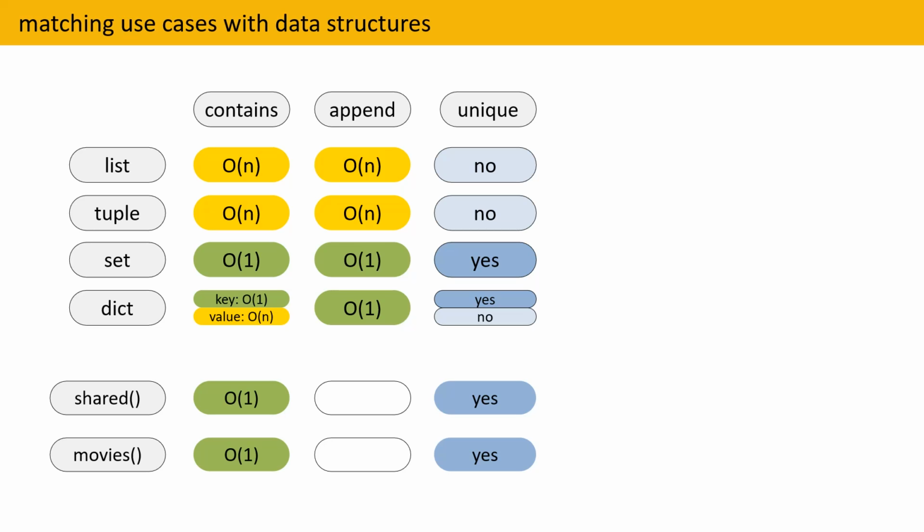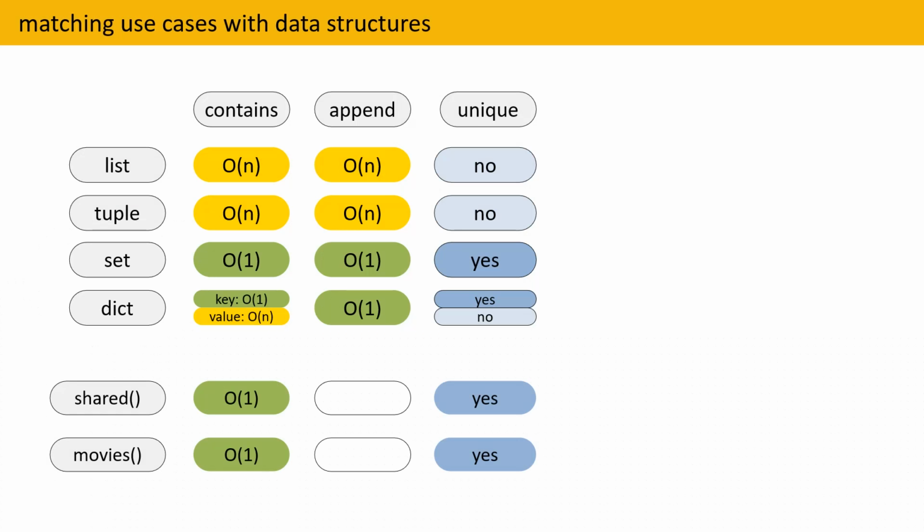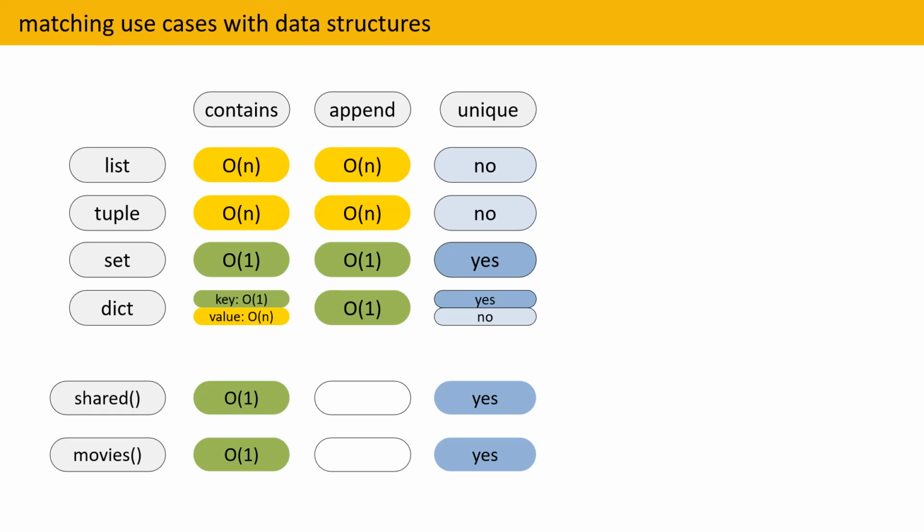The best matching data structures are then again set and dictionary. But in this case we pick dictionary, since we want to store the movies for a user. In summary, our data structure is going to be a dictionary with user IDs as keys and sets of movies as values.